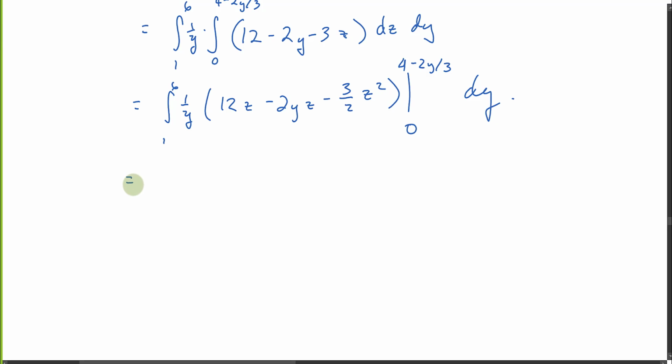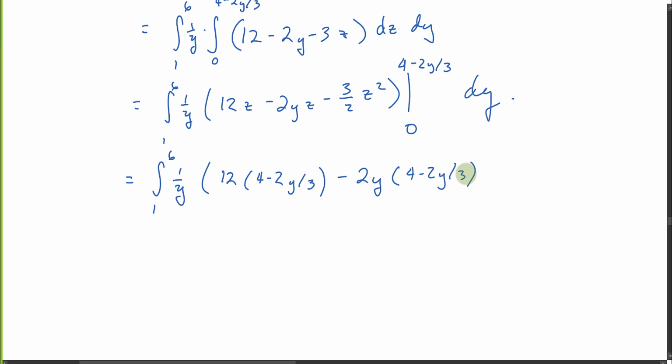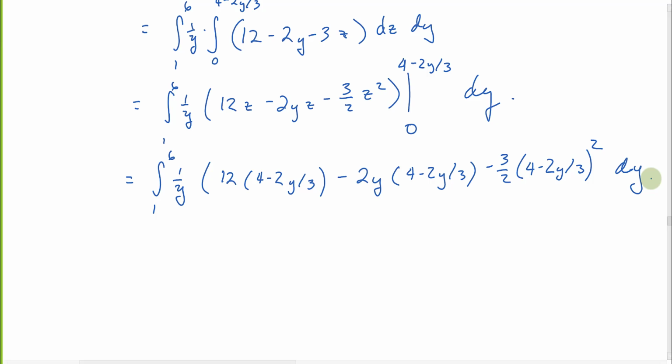Okay. So folks, I'll go ahead and fill this in, and then I'm going to cheat because I did this earlier. We've got 12 times 4 minus 2y over 3, minus 2y times 4 minus 2y over 3, minus 3 halves times 4 minus 2y over 3 squared. And then all of this is integrated with respect to y. It's a little long.